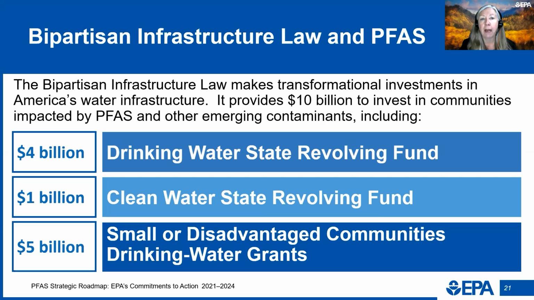EPA is committed to maximizing the impacts of these funds in addressing urgent water challenges facing communities. And we're thrilled that these funds will enable communities to invest in PFAS treatment solutions while EPA continues to take action to research, restrict, and remediate PFAS consistent with our PFAS Strategic Roadmap.